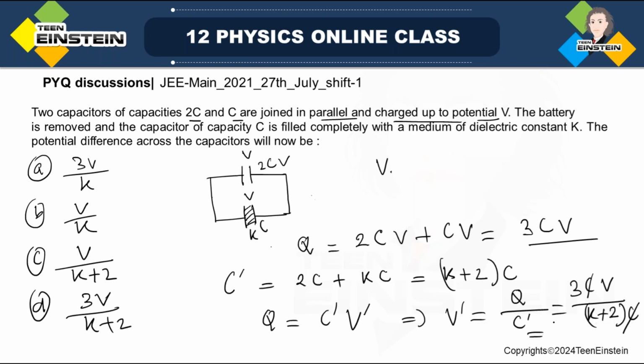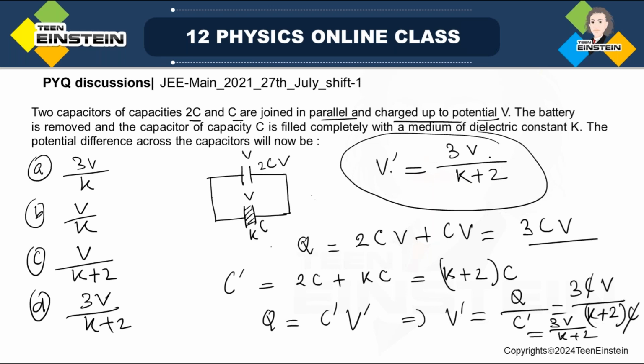So V prime is equal to 3V divided by (K plus 2). This is the new potential difference across the capacitors. So option D will be the correct answer for this question.